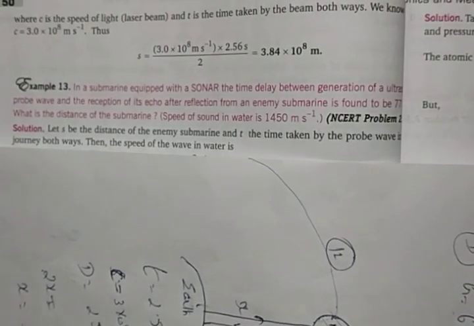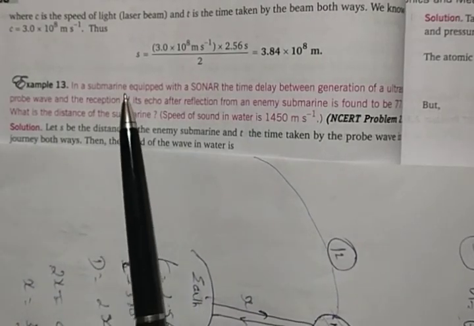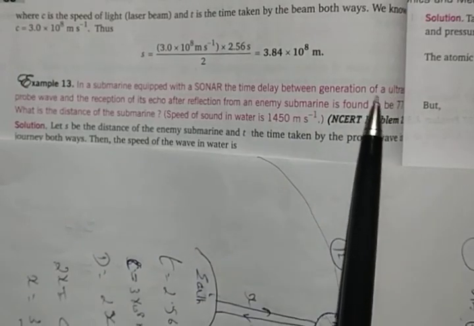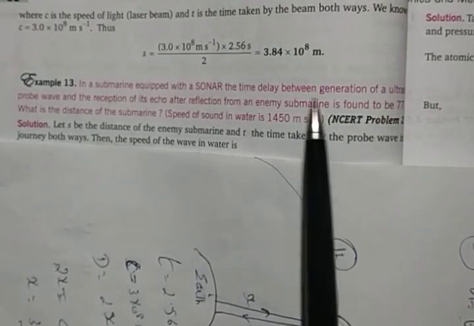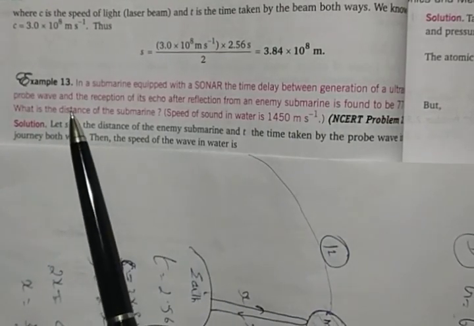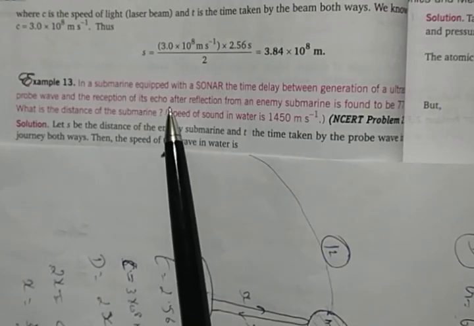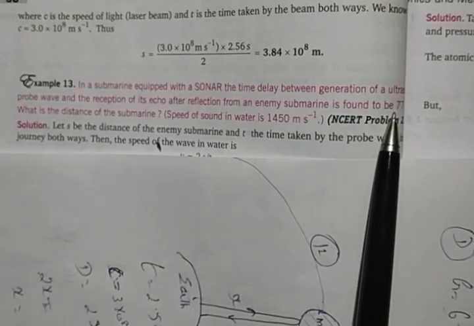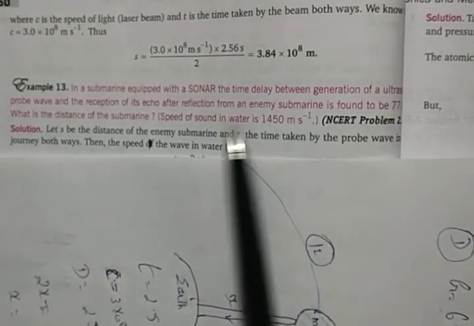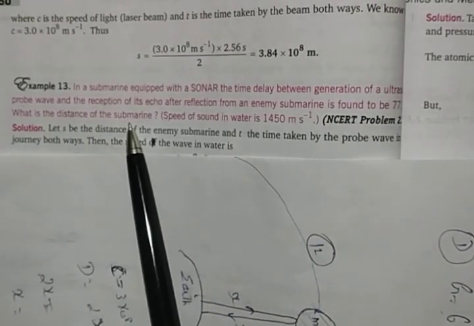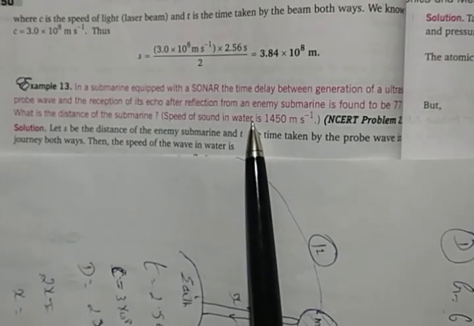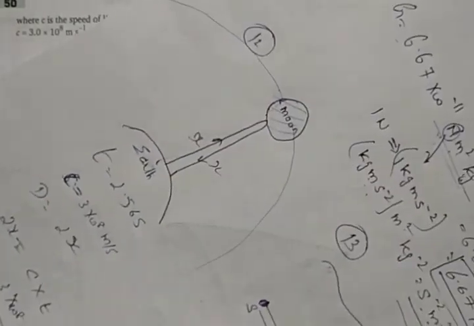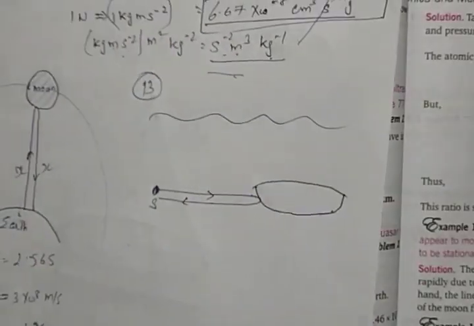Similarly, another question is also given here. In a submarine equipped with sonar, the time delay between the generation of the ultrasonic wave and the reception of its echo after reflection from an enemy submarine is found to be 77 seconds. What is the distance of the submarine? Speed of sound in water is given here as 1450 meter per second. So this can be imagined like this.